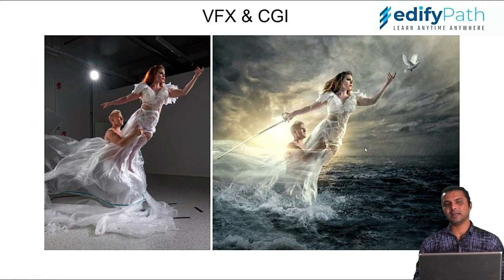Now if you see the right side image, you can see the ocean, raindrops, beautiful lighting and everything. So this is the composition. This level of creativity is needed to survive in today's market.